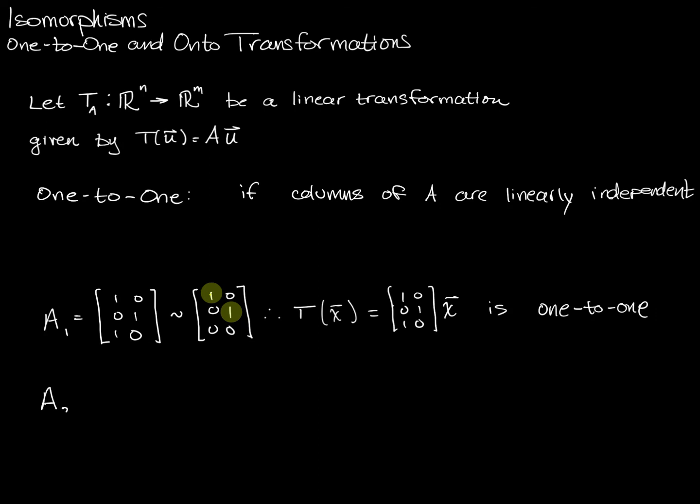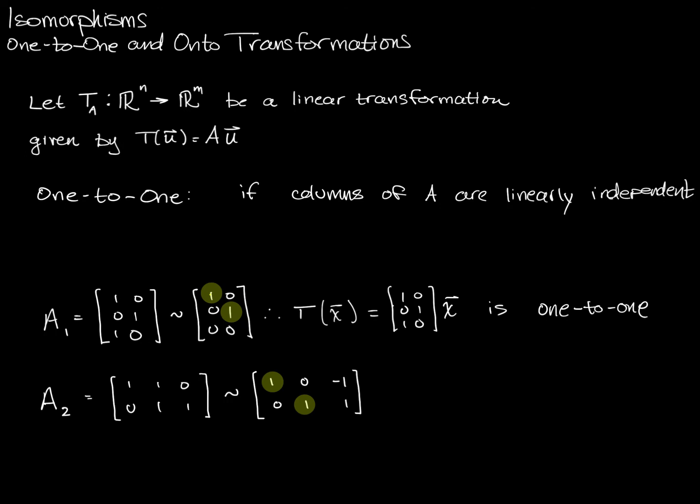Now, A2 was 1, 1, 0, 0, 1, 1. And if I reduce that, I get 1, 0, negative 1, 0, 1, 1. Looking at those pivots, I can see I have two pivots there, but I can also see that I have a third column that can be written as a linear combination of the other two columns. That third column is not linearly independent.